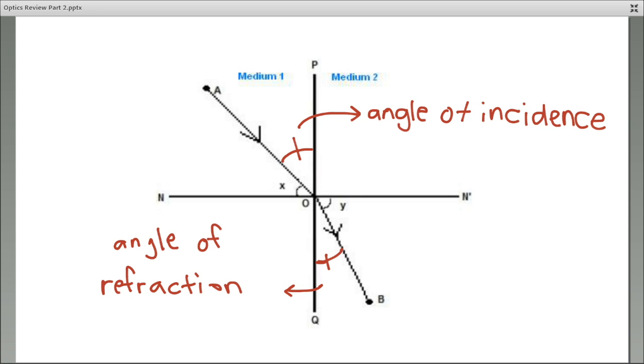Okay, we call this right here in physics the normal, and it's just a perpendicular line.